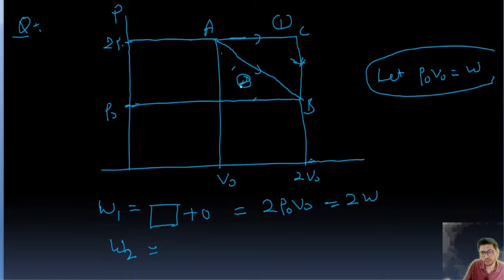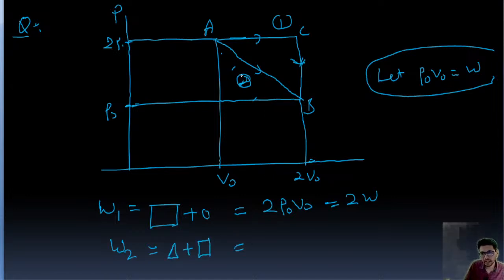So that means the area of the triangle plus the area of the rectangle, right? This is going to be area of triangle plus area of rectangle.